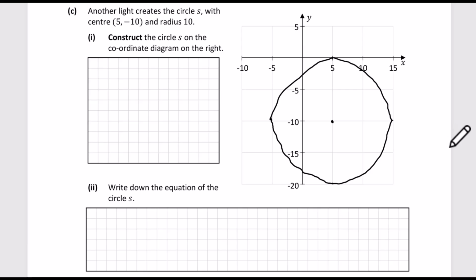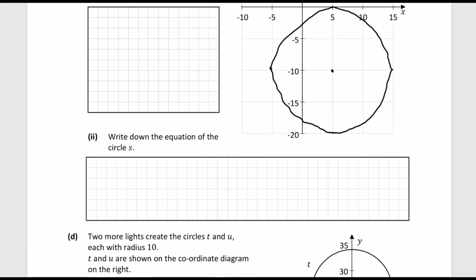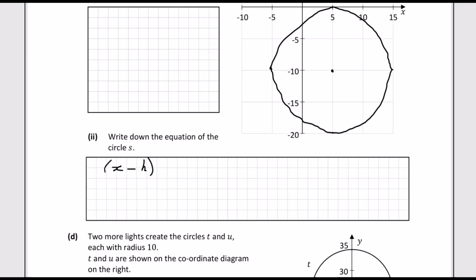Write down the equation of circle S. So the equation of a circle whose center is not 0, 0 is x minus h to be squared plus y minus k to be squared is equal to r squared. So h and k is the center of the circle. So our center is 5, minus 10.